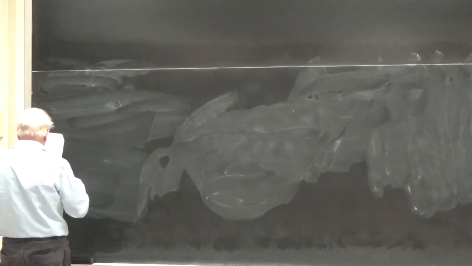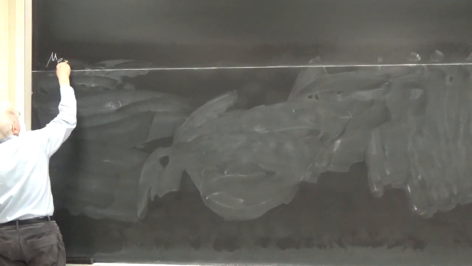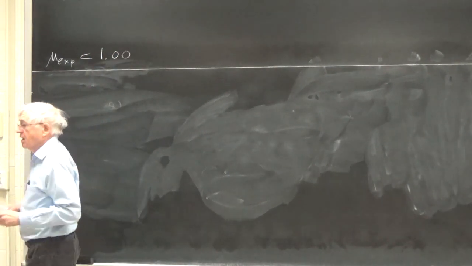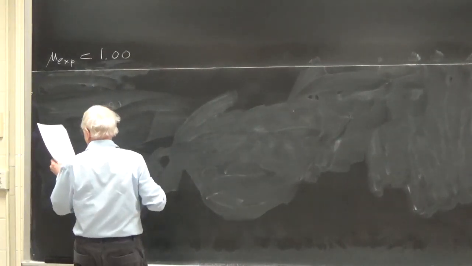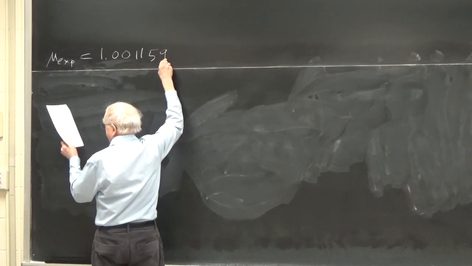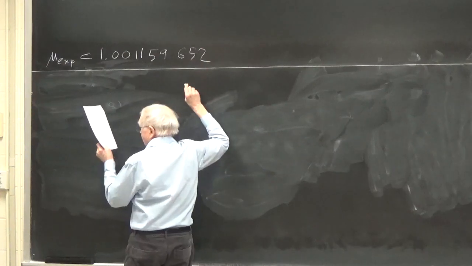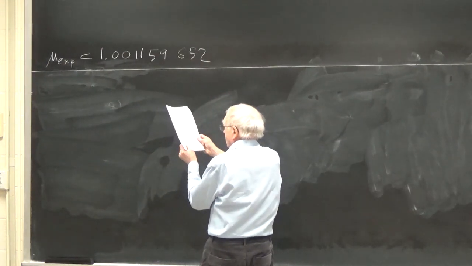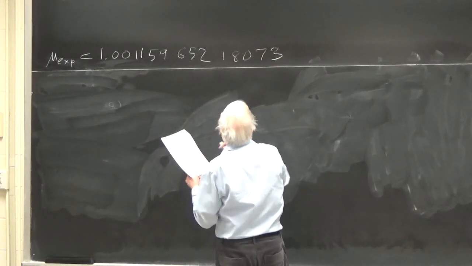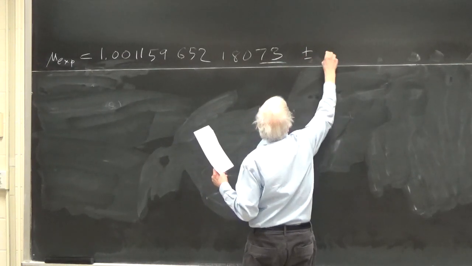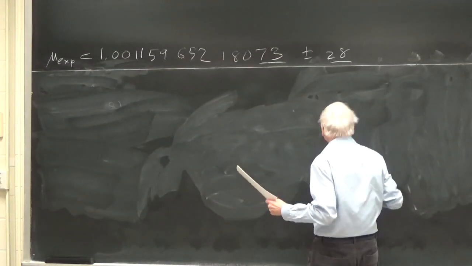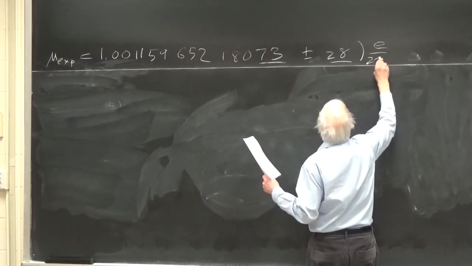I guess I'll use this blackboard. The experimental value is 1.00 1159 652 18073, plus or minus 28 in the last two digits, times e over 2m.